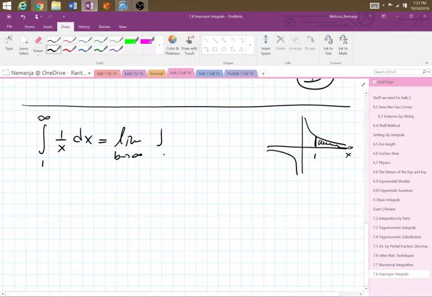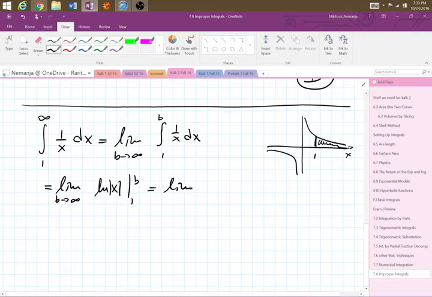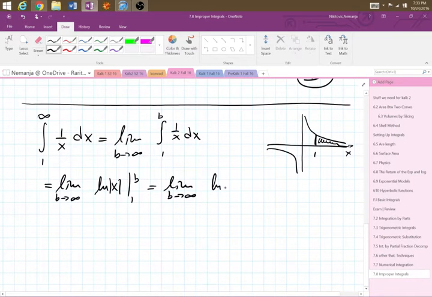So integral from 1 to b of 1 over x dx. What is the integral there? ln absolute value of x from 1 to b. So limit as b goes to infinity, ln b minus ln 1. How much is ln 1? Think. And how much is ln of infinity?